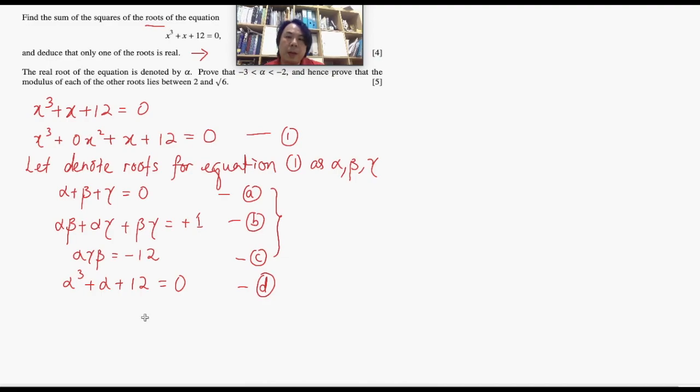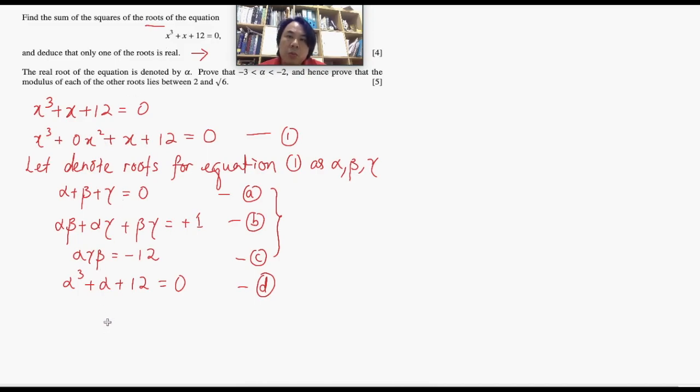Knowing that the coefficients of this polynomial are all real, we can deduce that in general, the roots can be complex by nature.